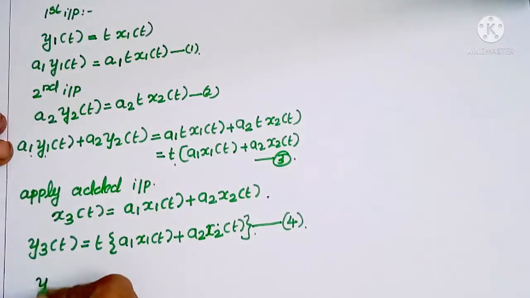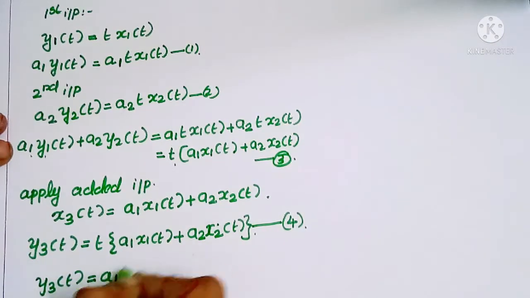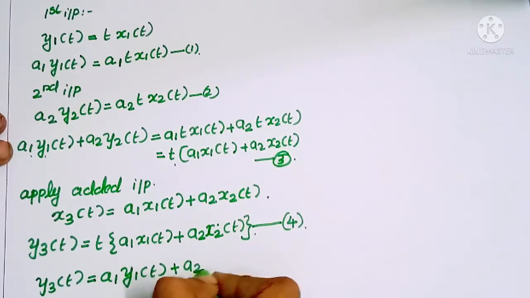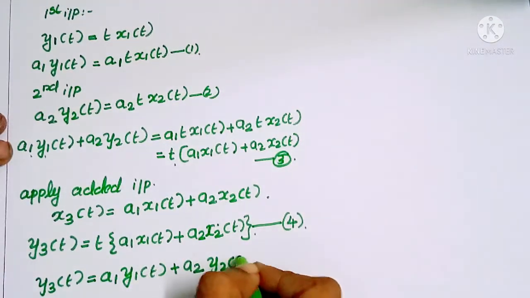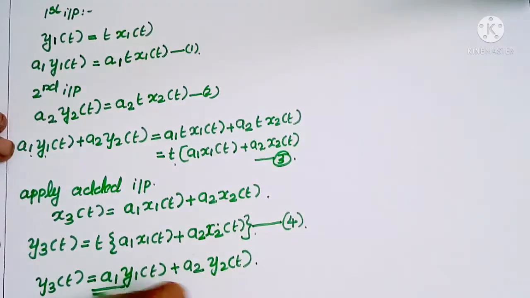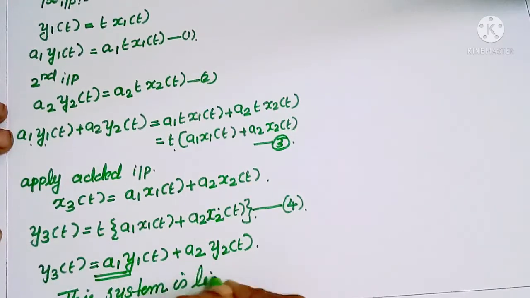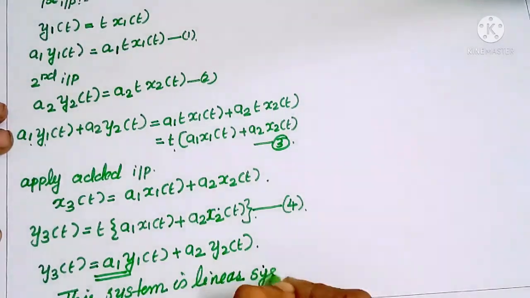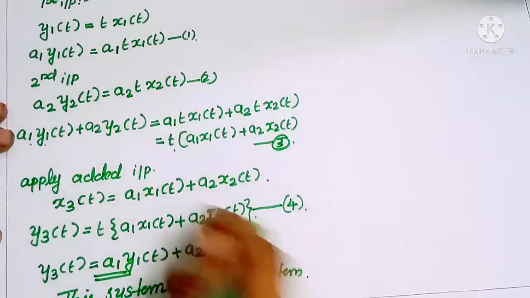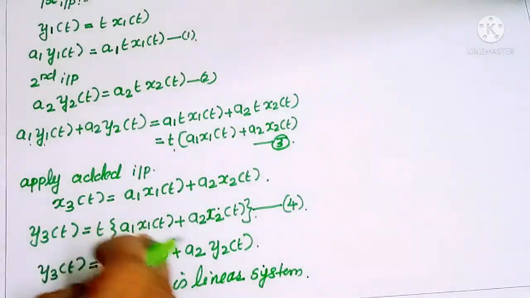So we can write y3 of t is equal to a1 y1 of t plus a2 y2 of t. That means this system is a linear system. In both cases, the output should be equal.